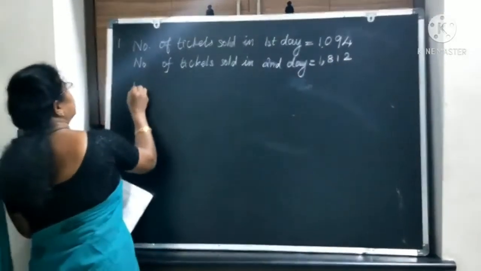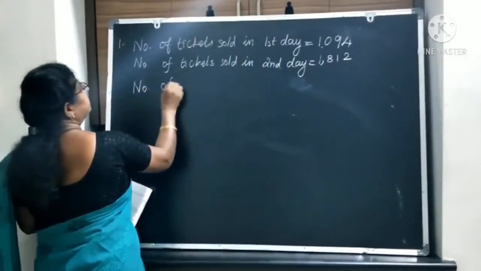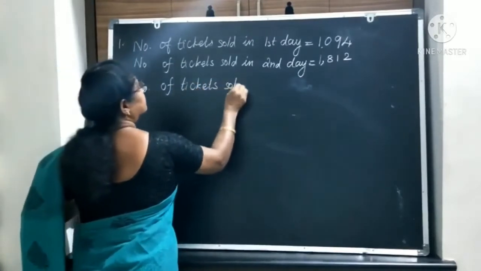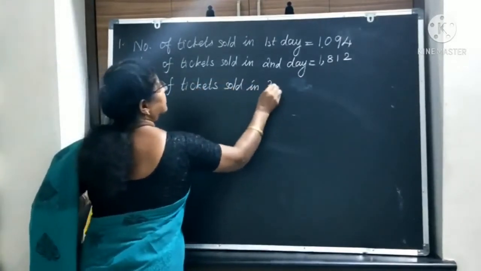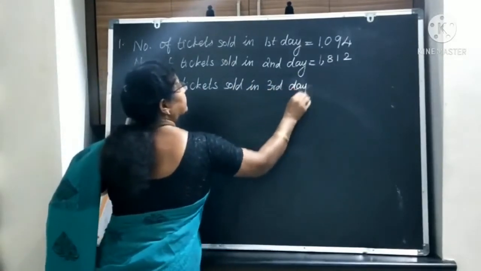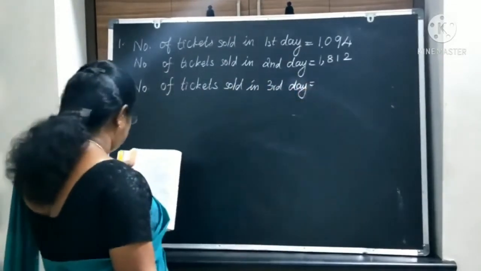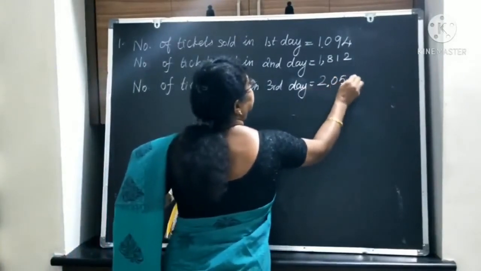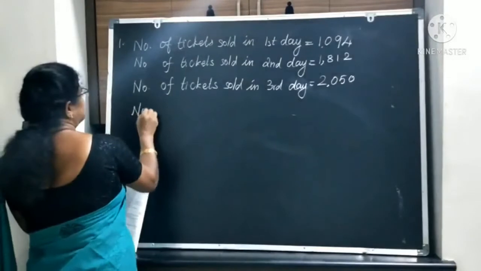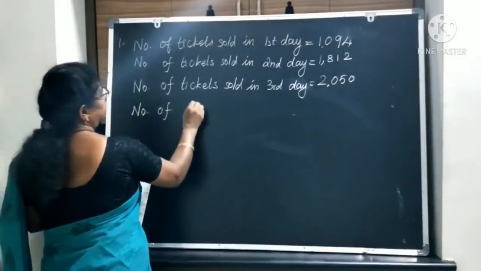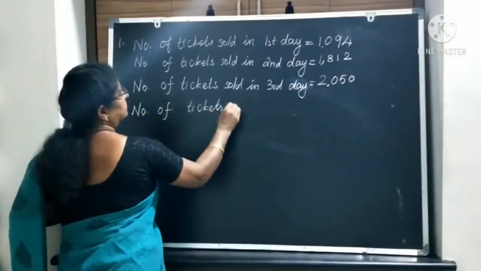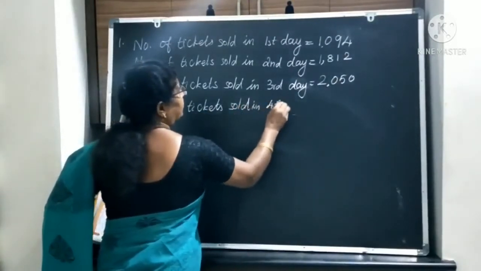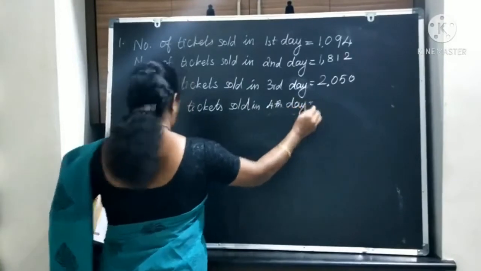Next, number of tickets sold on the third day. How much? 2050. Next, number of tickets sold on the final day, the fourth day. How much?